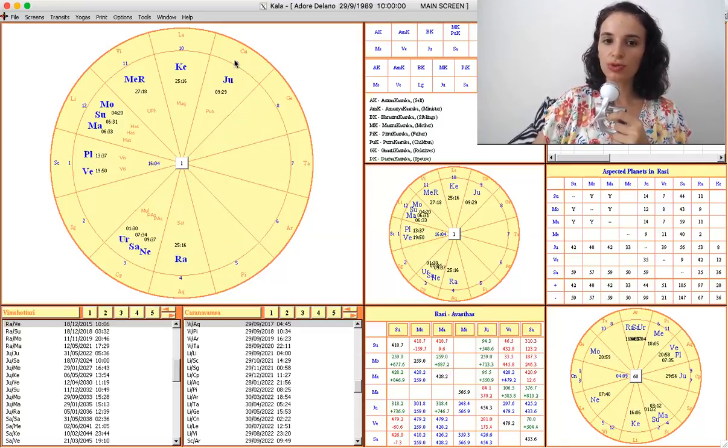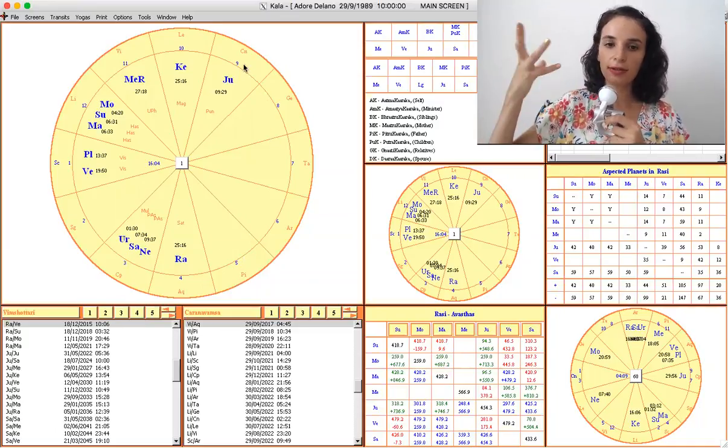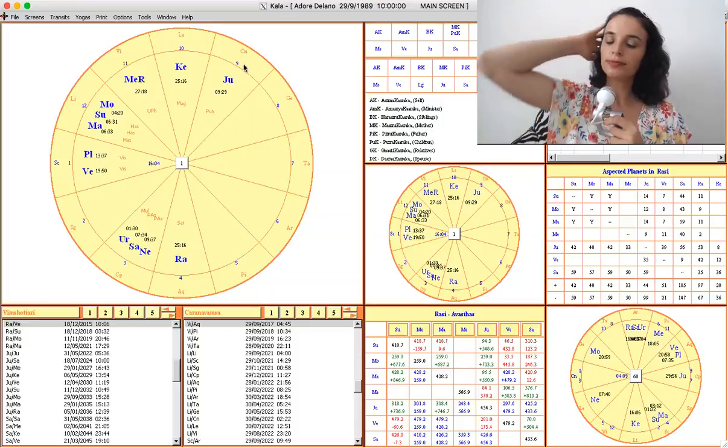So these are the two trines that are interchanged in the zodiac, because if we count 9 from the 9th, we arrive at the 5th, and if we count 5 from the 5th, we arrive at the 9th. So we can see this interchange between the trines.